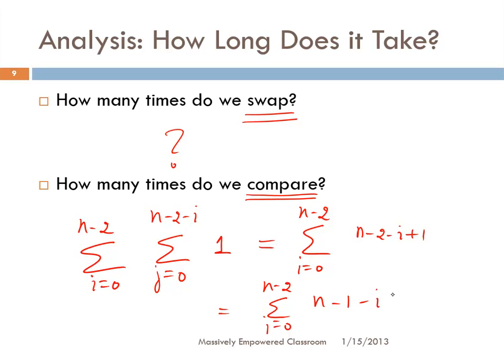So when I is 0, this is n-1. When I is 1, this is n-2 and so on. When I is n-2, this is 1.